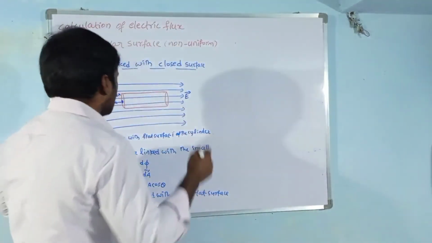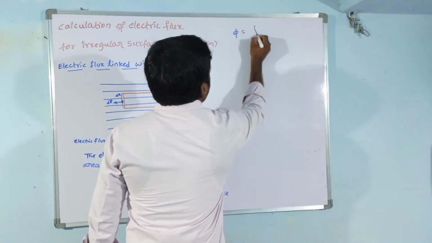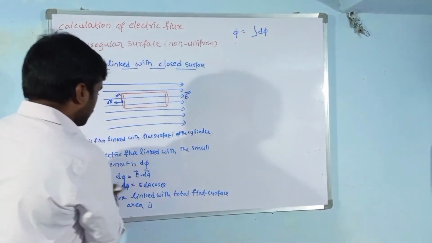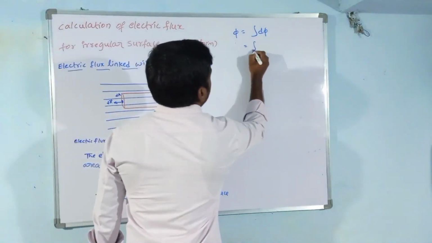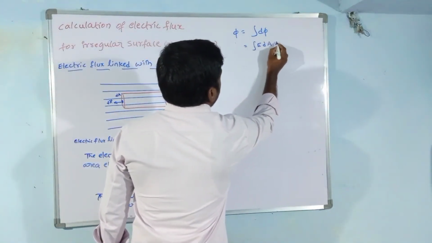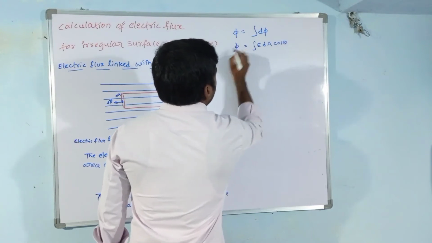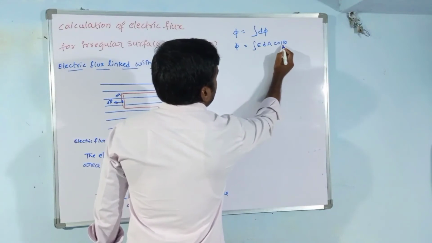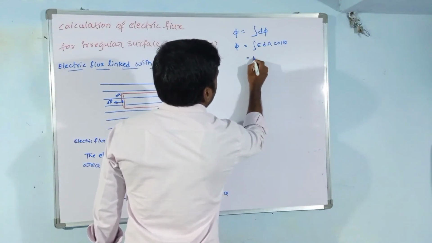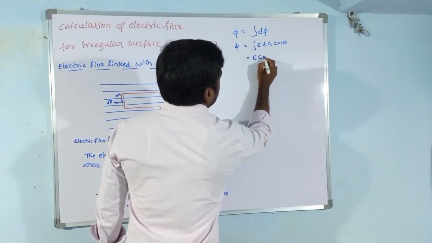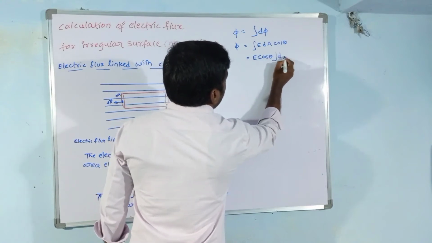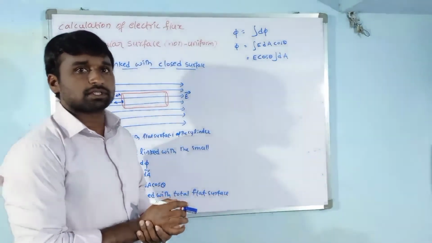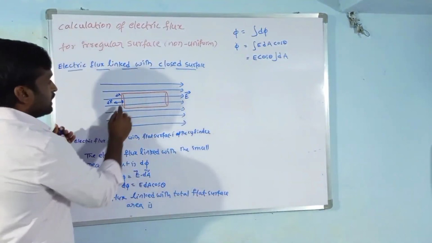See here. Now phi is equal to the integration of d phi. What is d phi? d phi is E dA cos theta. Now E is constant, and theta is also constant, so I am taking E cos theta outside. Now we have to integrate only the small area elements.